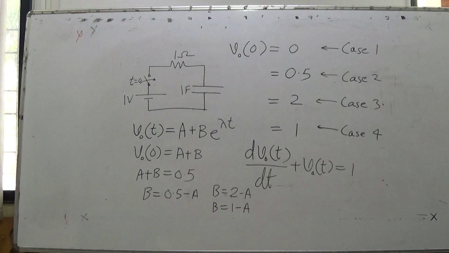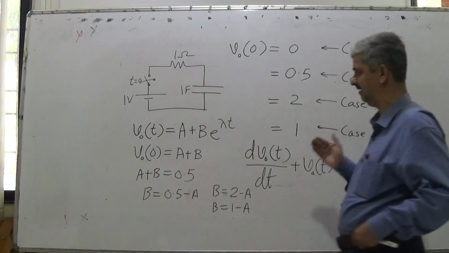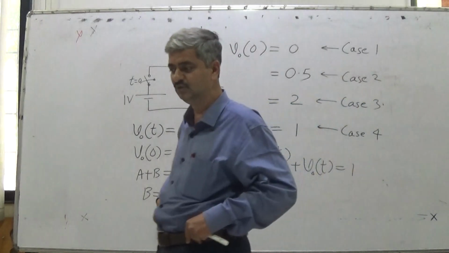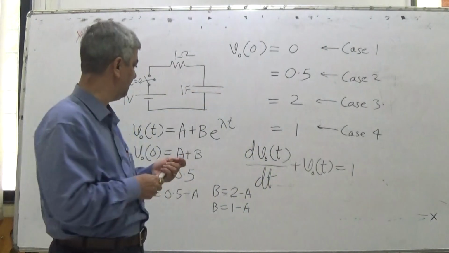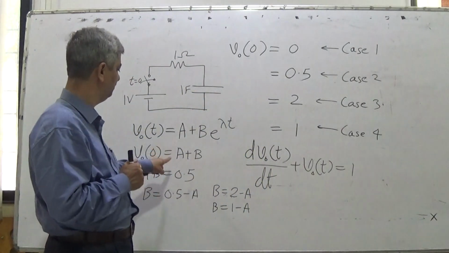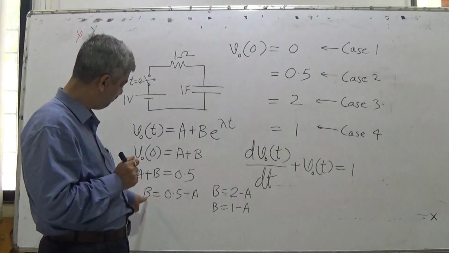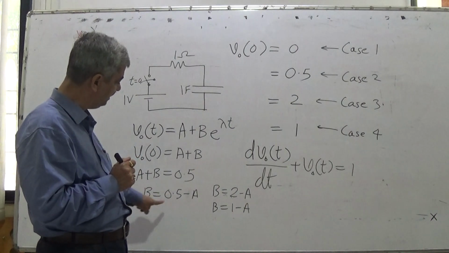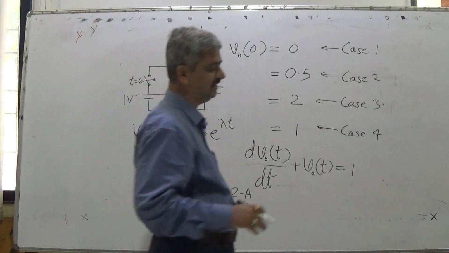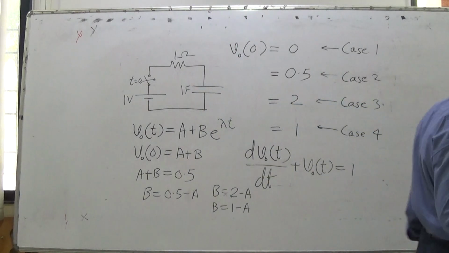Then it has got three variables a, b and lambda. So what you are supposed to do is, by using initial condition, find value of b in terms of a, so that the equation is only in terms of a and lambda.